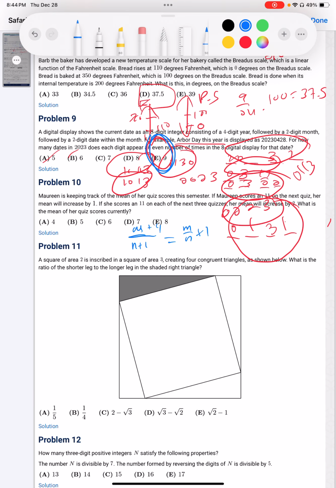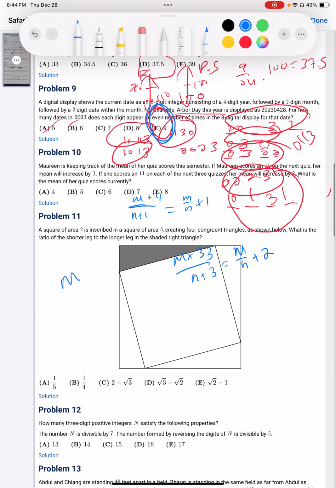So then she goes in. So then it'd be M plus 3 over N plus 3. M over N is 2. Okay, now it's almost making some sense. Wait, what?